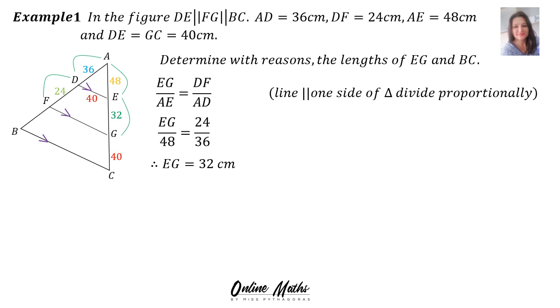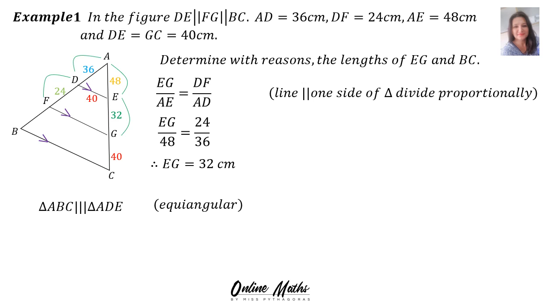Then we also want BC. Now do you agree that triangle ABC, the big triangle, is indeed similar to triangle ADE? That's the little triangle on top there. And the reason why we can say that is because they are equiangular.